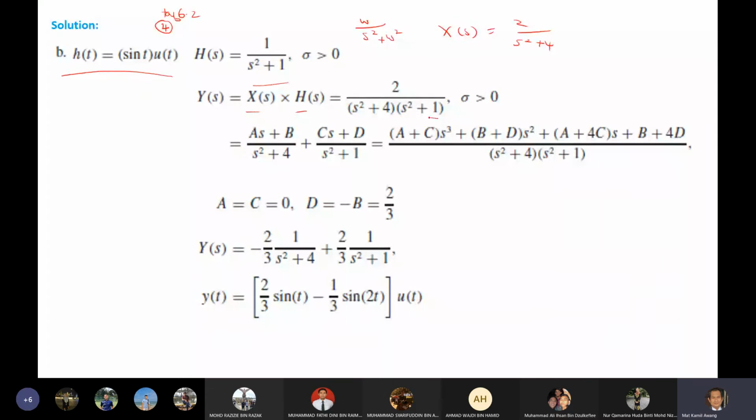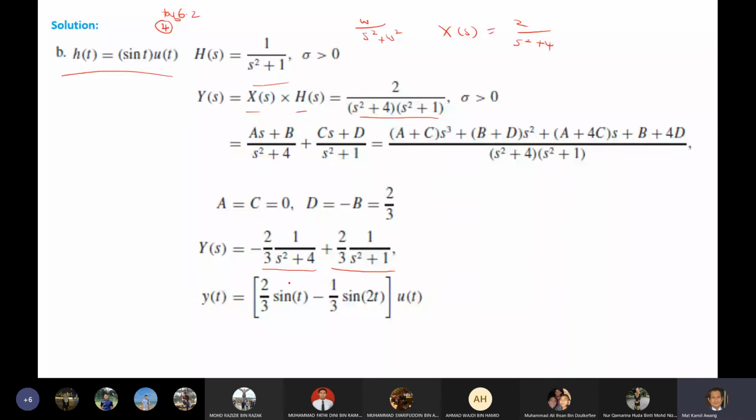So you get this. And from here, you have to decompose so that you can write in recognizable form so that you can use the tables.